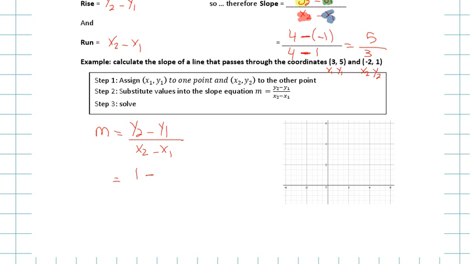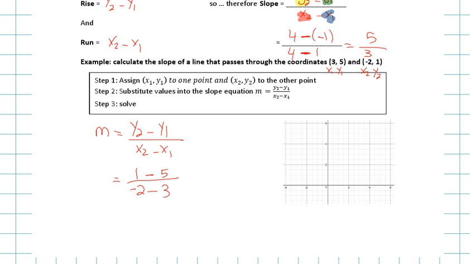Alex, what is x2 equal to? X2 is minus 2. That's right. And then minus, right? And Homer, what is x1 equal to? 3. Okay? So you see that I used the points to plug in the value.